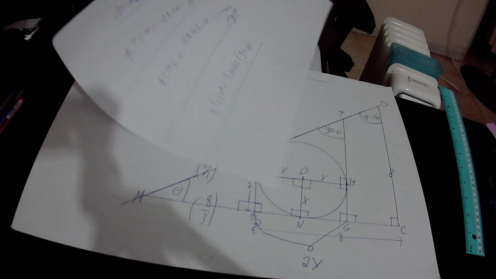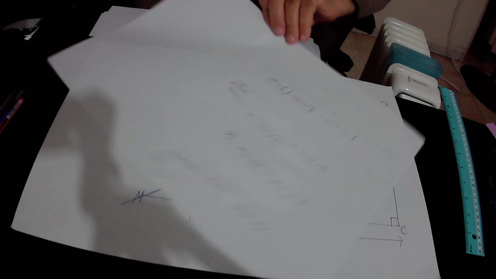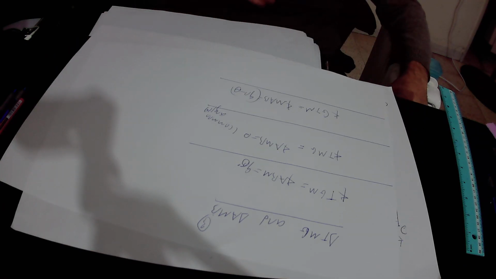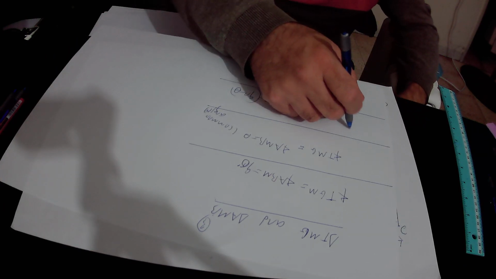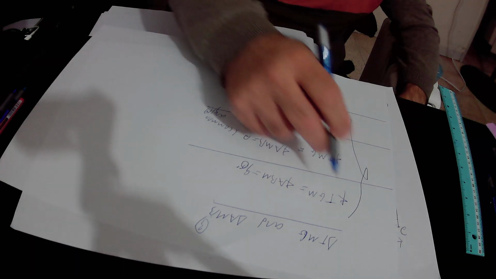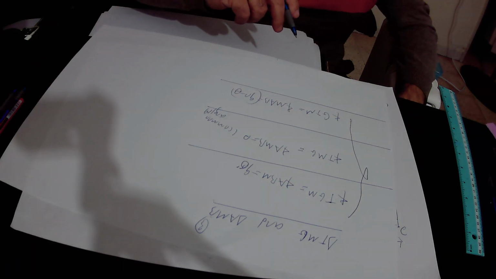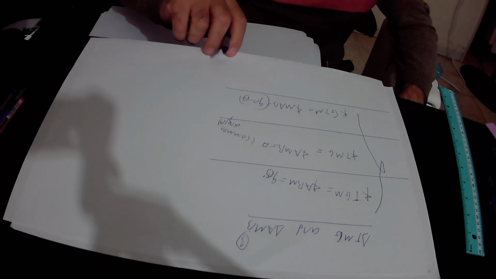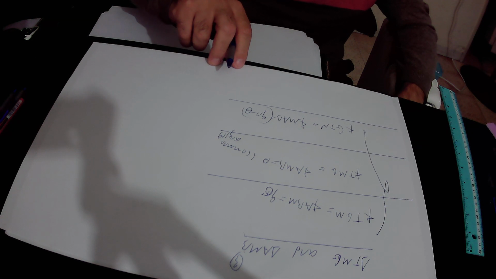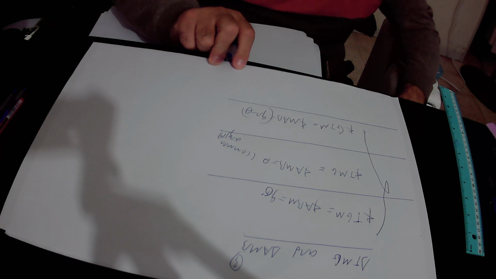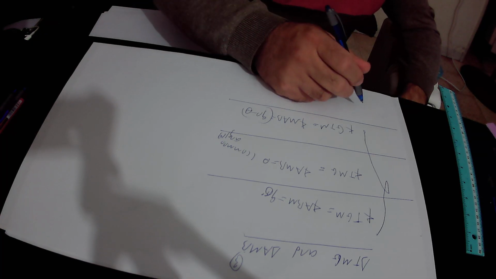So we actually proved that all the angles in the big triangle TMG are correspondingly equal to all the angles in the small triangle AMB. Therefore, we proved that the two triangles are similar to each other according to the angle similarity rule. So we write it down.